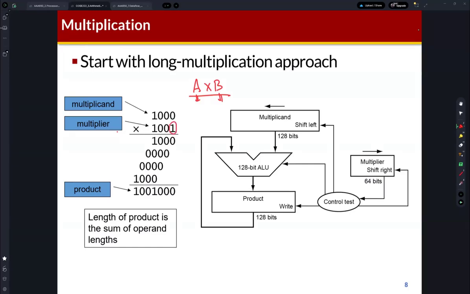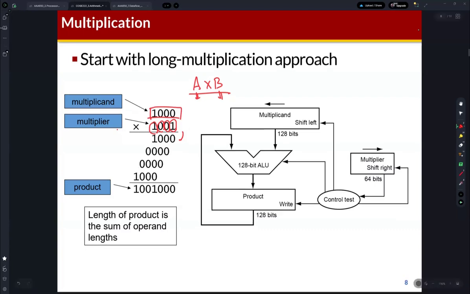For each digit of the multiplier, we can generate a product: we perform the multiplicand multiplied by each digit of the multiplier. These numbers are called the partial products.